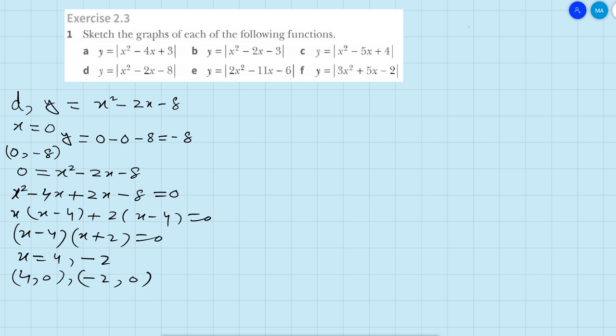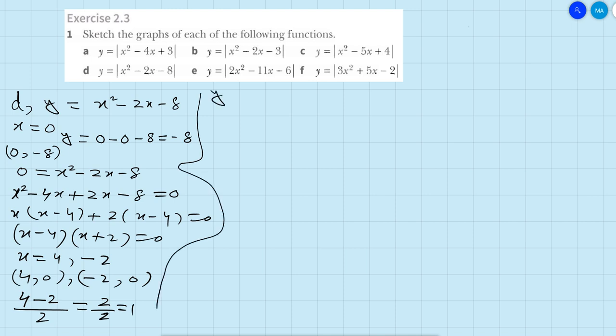Now find the coordinate of the minimum or maximum point. Just take both the values of x and always divide by 2. 4 minus 2 is 2. 2 upon 2 is 1. Put this value x equals 1 in the equation.